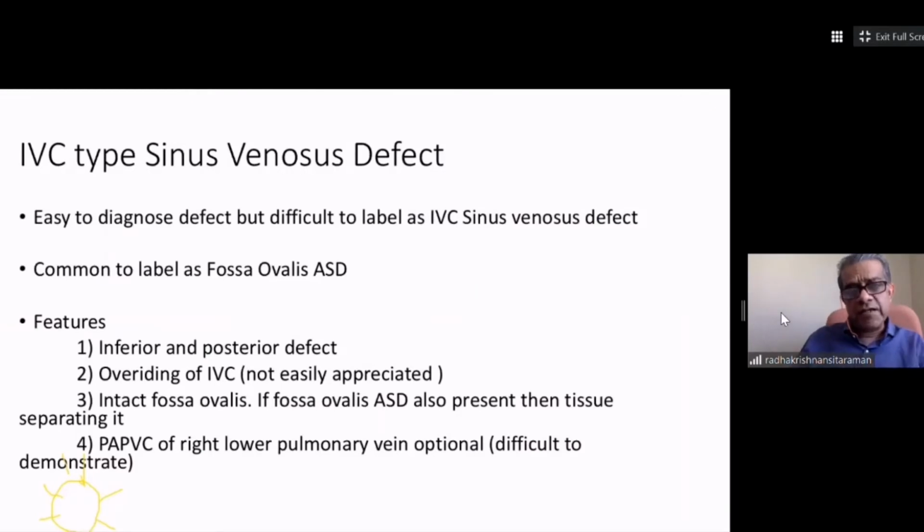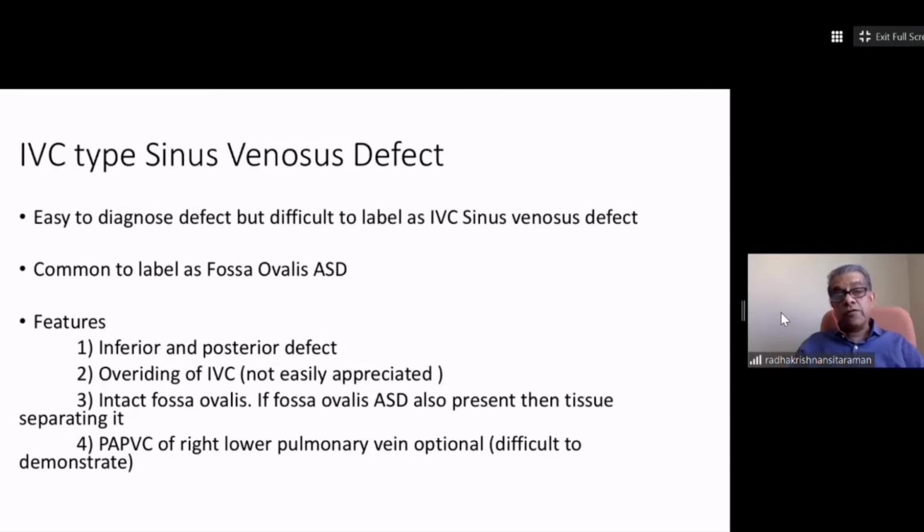IVC type of sinus venosus defects are much more difficult to diagnose. It is easy to diagnose the defect, but it is difficult to label it as an IVC type of sinus venosus defect. It is very common, if you see the reports coming in, to label it as a fossa ovalis defect. The feature of this, unlike the SVC type of defect, is that here it is an inferior and posterior defect.